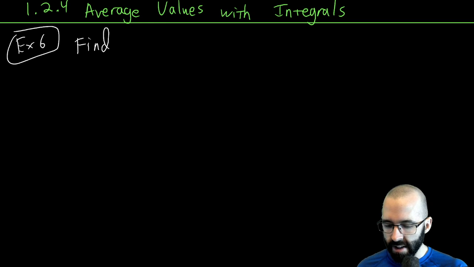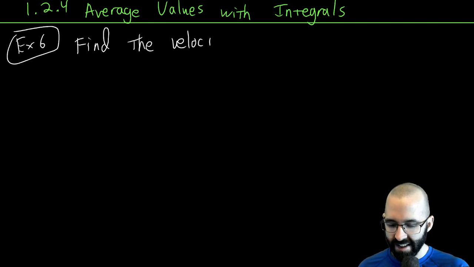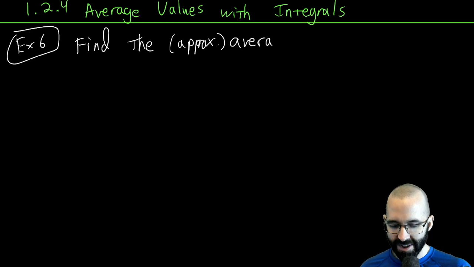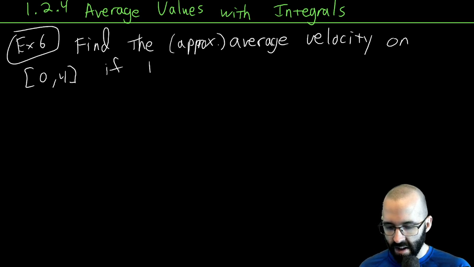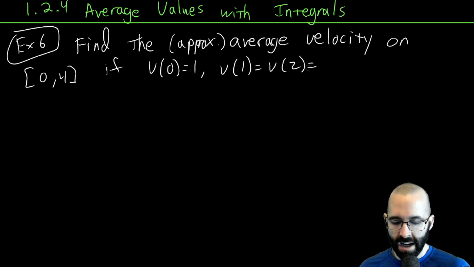Find the approximate average velocity on the interval from 0 to 4 if the velocity at 0 is 1, the velocity at 1 and 2 are the same and equal to 2, and the velocity at 3 is equal to 3.